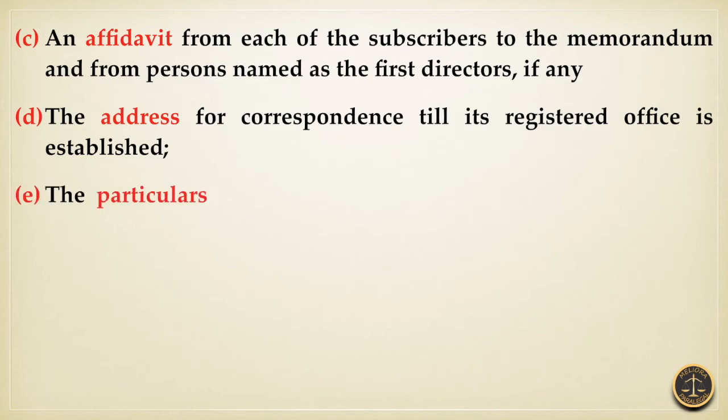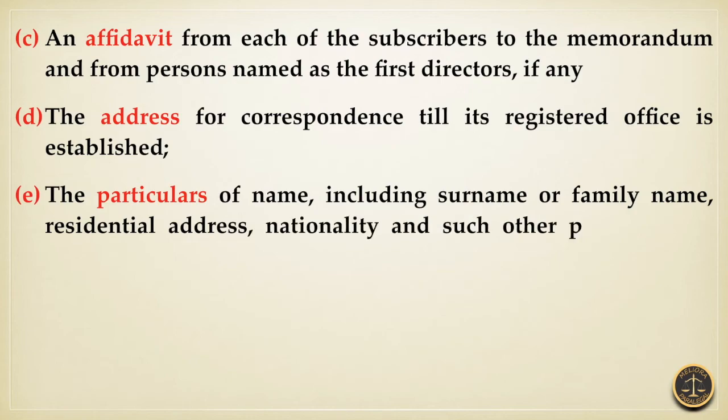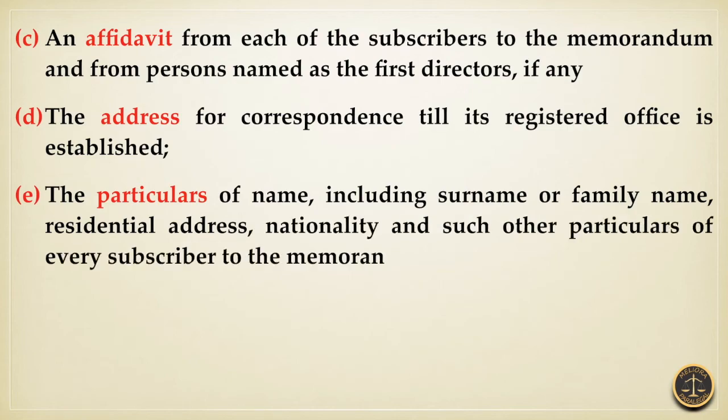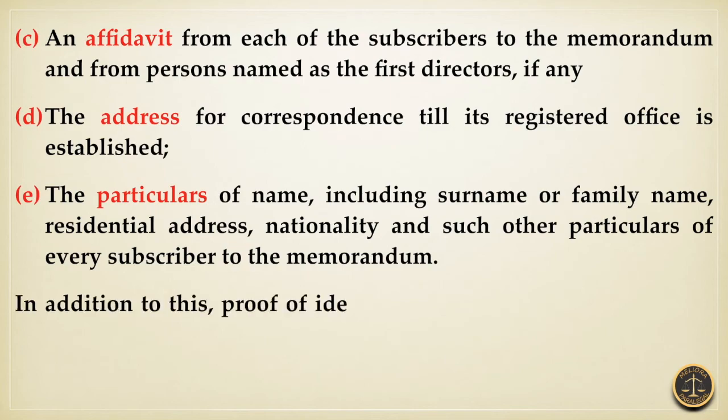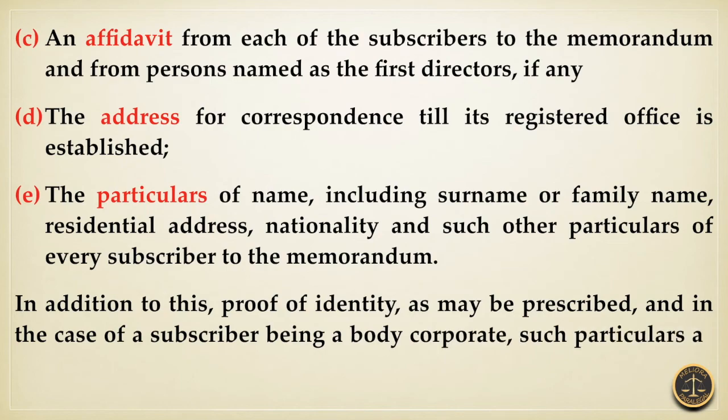The particulars of name, including surname or family name, residential address, nationality, and such other particulars of every subscriber to the memorandum. In addition to this, proof of identity as may be prescribed, and in the case of a subscriber being a body corporate, such particulars as may be prescribed.